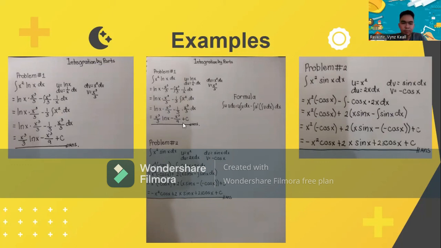Next problem. The integral of x squared sine x dx. So using u substitution and integration by parts, u is equal to x squared, du is equal to 2x dx, dv is equal to sine x, and the integral of sine x gives v equal to negative cosine x.